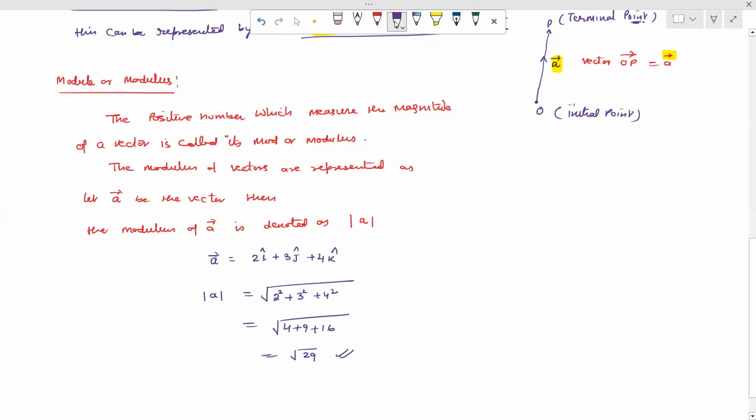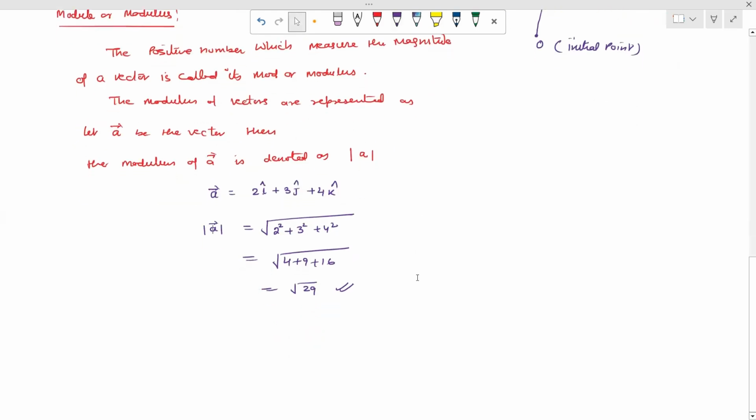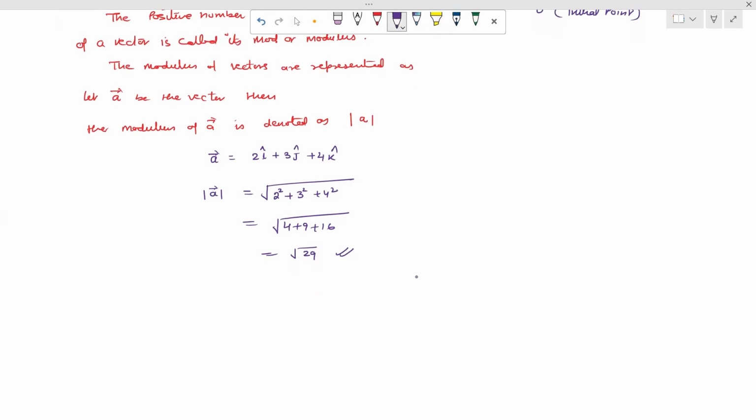So modulus of vector A is square root of 29. So in the general case you can write, suppose vector r is written as xi plus yj plus zk. So when we obtain the modulus of vector r, this can be written as square root of x square plus y square plus z square.